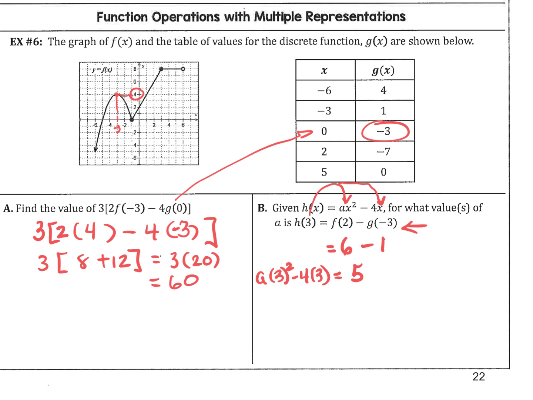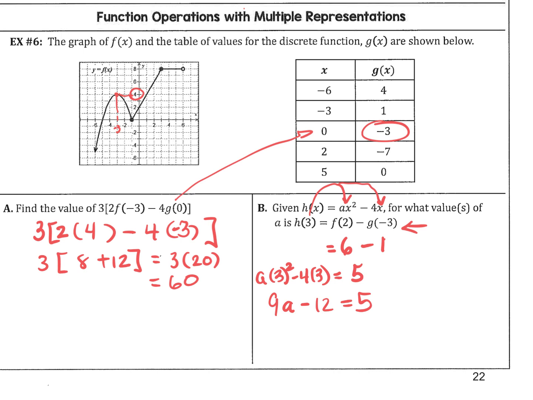What is 3 squared? 9, right? So this becomes 9a minus what? Equals 5. Can you solve that for a? So this is not a hard thing to do. It's just several steps, isn't it? That's precalc. It's bringing everything together you already know in a different way.